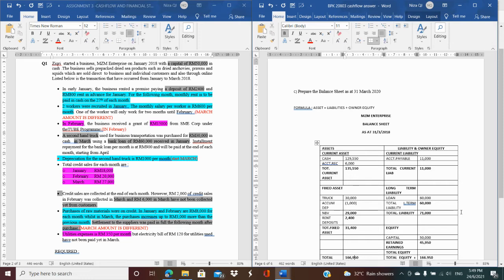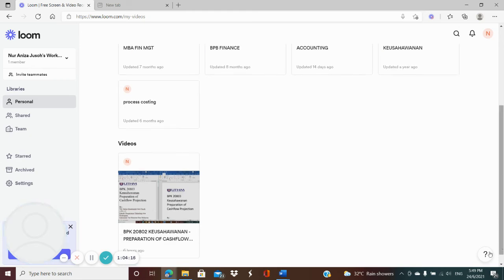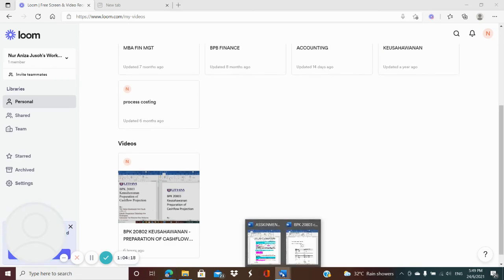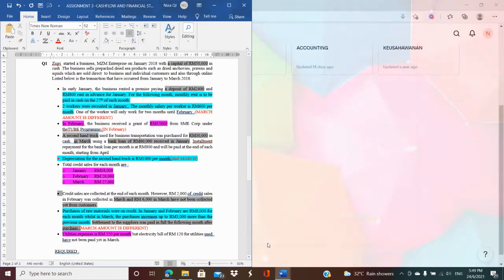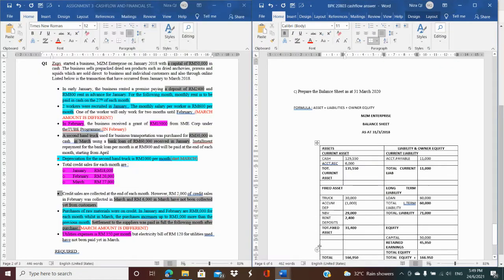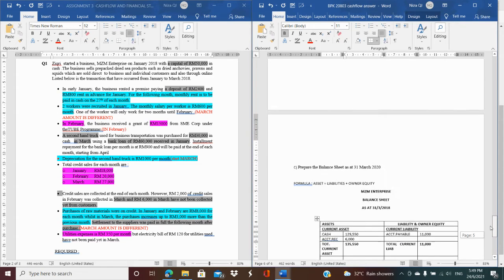Let's see whether my addition is correct or not. Here it should be 45,550. So I must have left out something up here.